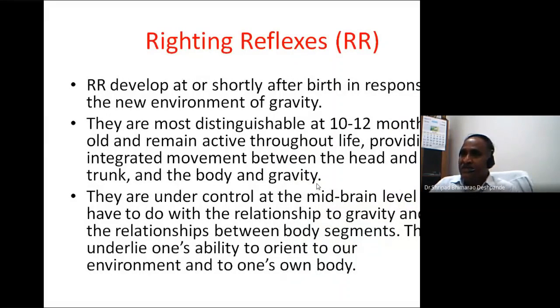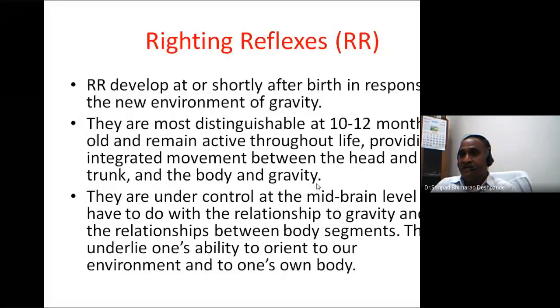I have already mentioned it. They develop after 2 months of birth, and it is because of the gravitational forces the infant is subjected to.